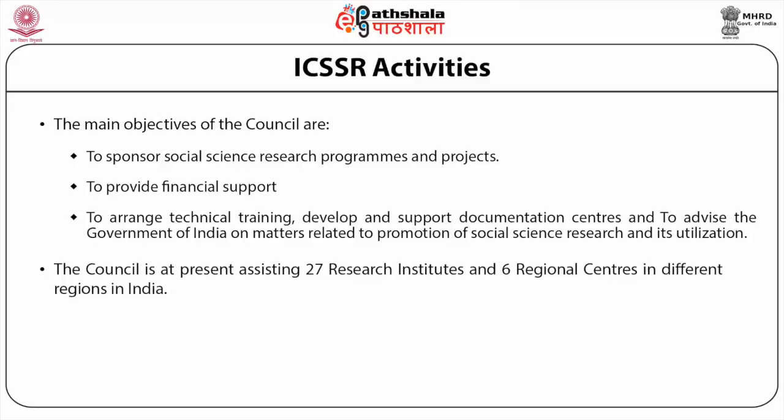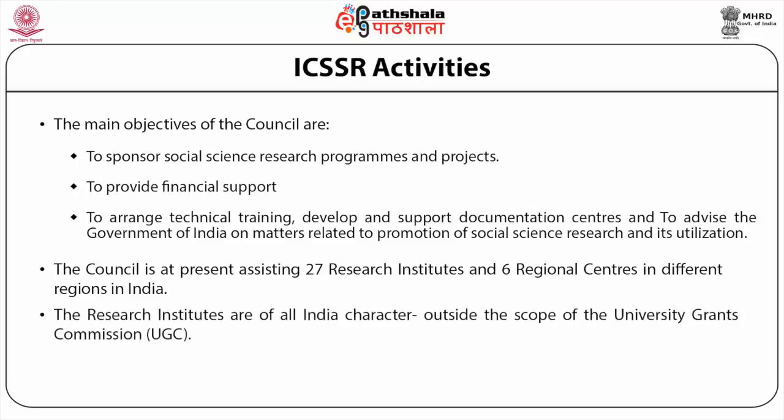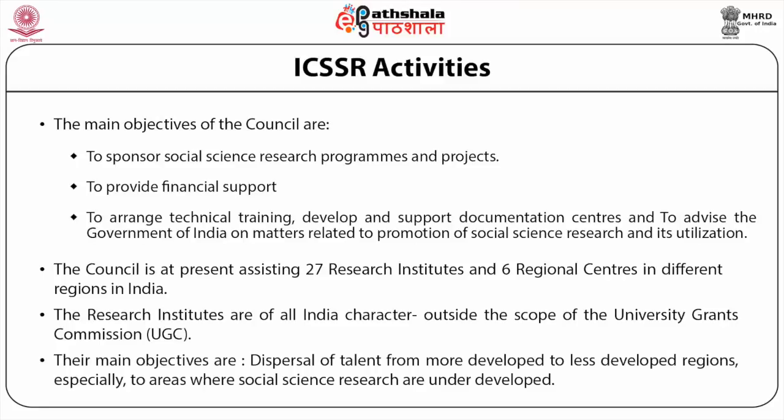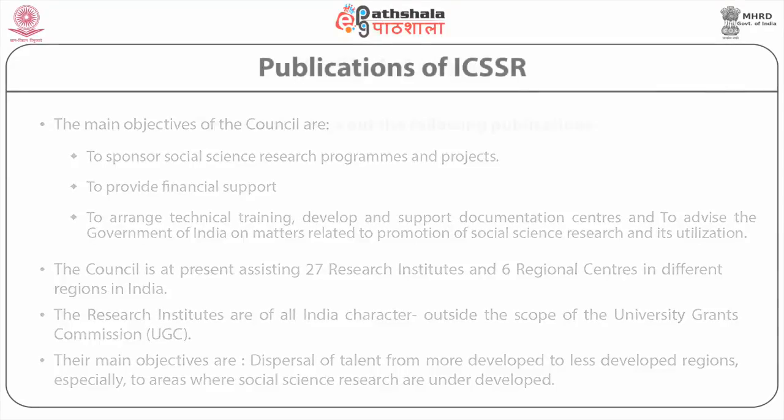The Council, that is ICSSR, is at present assisting 27 research institutes and 6 regional centers in different regions in India. The research institutes are of all India character, that is outside the scope of the University Grants Commission, UGC. Their main objective is dispersal of talent from more developed to less developed regions, especially to areas where social science research is underdeveloped.